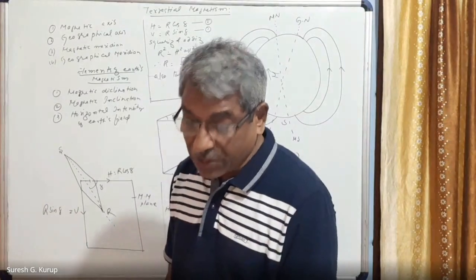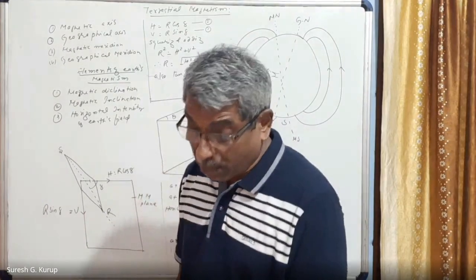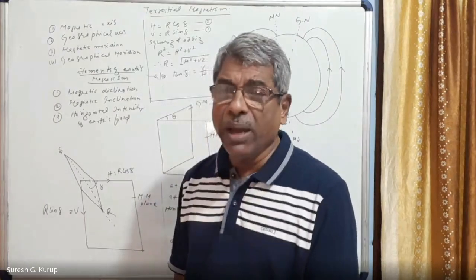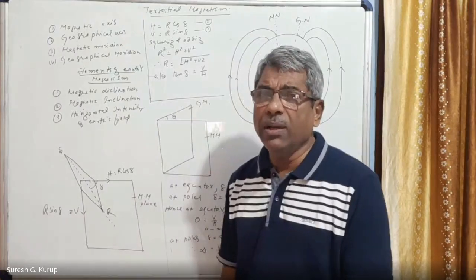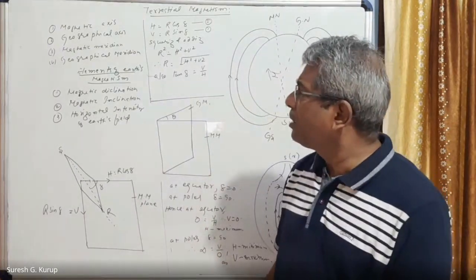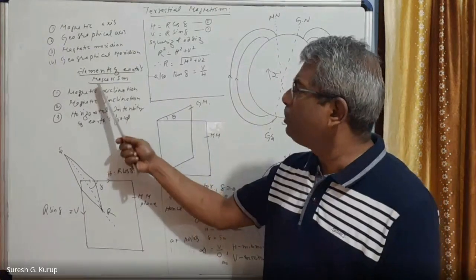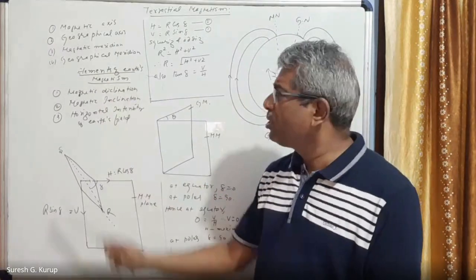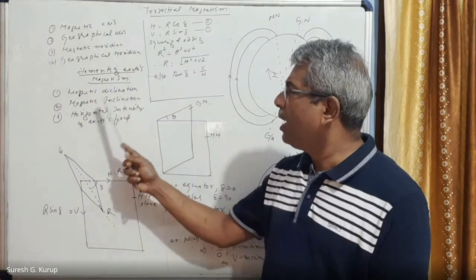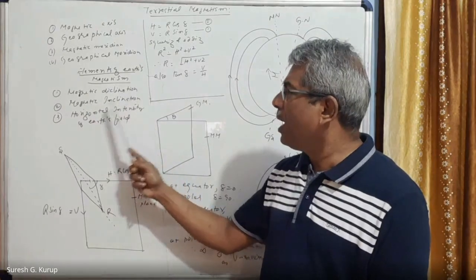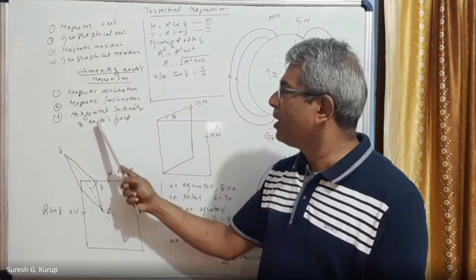These are quantities which completely describe the magnitude and direction of the magnetic field of the Earth at a place. They are called elements of Earth's magnetism. Elements of Earth's magnetism are three in number. One is magnetic declination, another is magnetic inclination, and the other is the horizontal intensity of Earth's field.